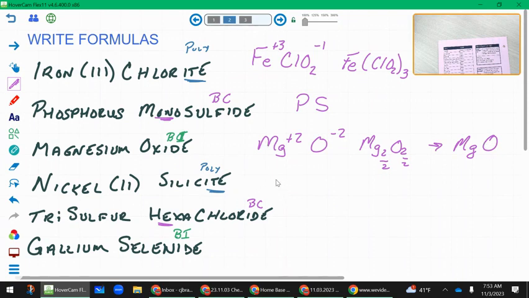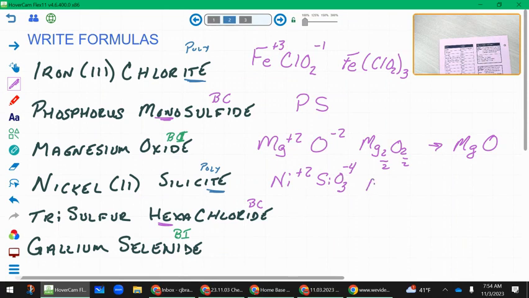Nickel 2 silicate means that it's a polyatomic. Nickel has a +2 charge. Why? Because of the Roman numeral here. Silicate, I go on to the back of my periodic table. I'm sorry, this is silicate. My bad. Silicate on my periodic table is SiO4. So silicate is going to be SiO3. Silicate has a charge of -4.